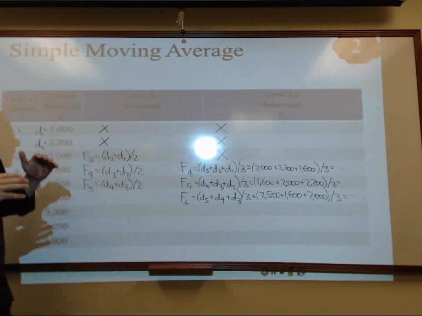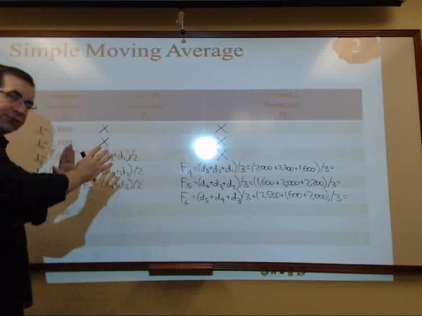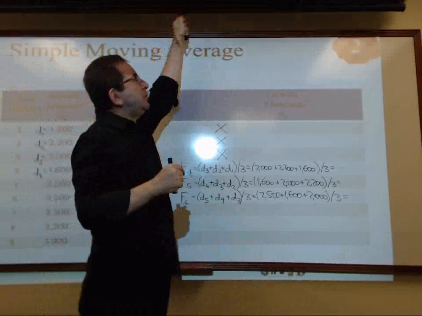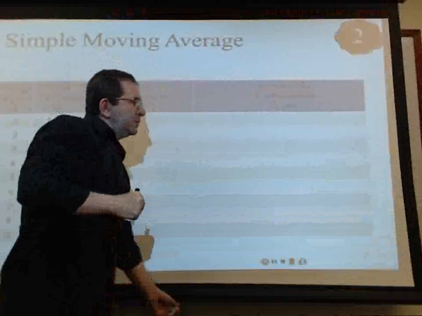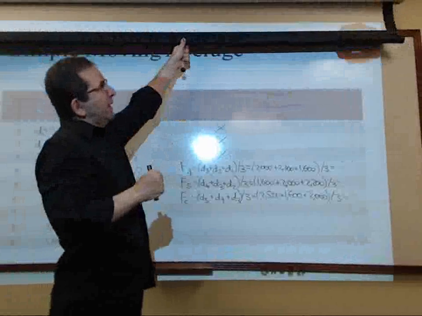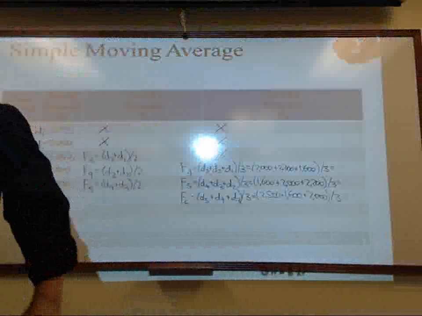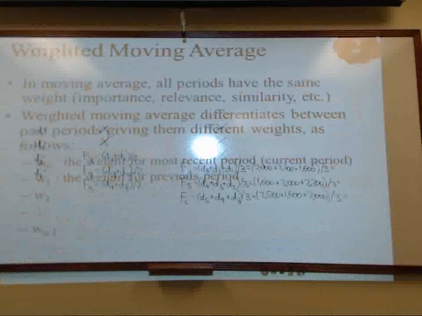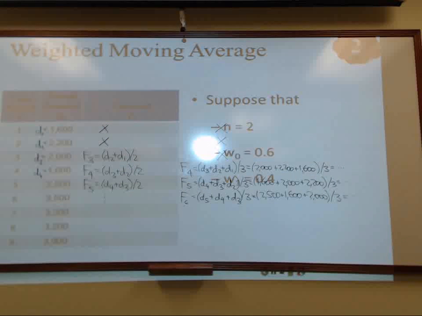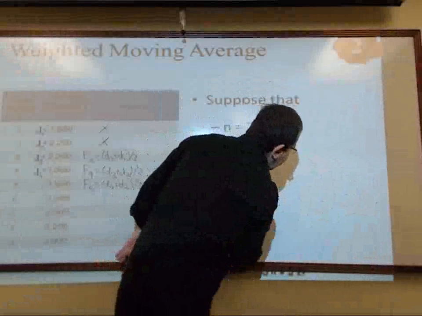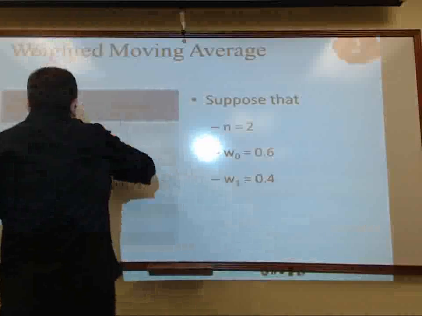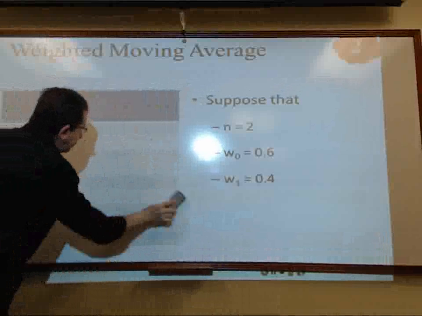So to give different weights to the observations, we use a different formula. We do weighted moving average. I'm just going to explain it with an example.